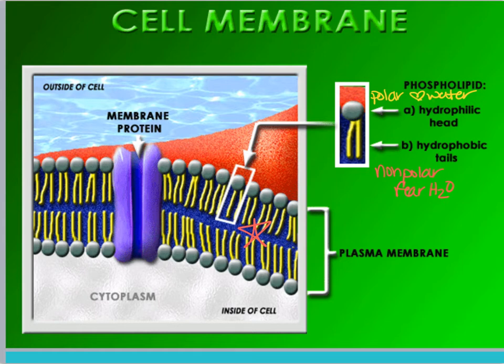Okay, so notice you have the two layers here. So this would be a membrane protein, and notice this goes all the way through, so that's probably an integral protein. So anyway, this is just a picture of the cell membrane showing you that phospholipid bilayer.